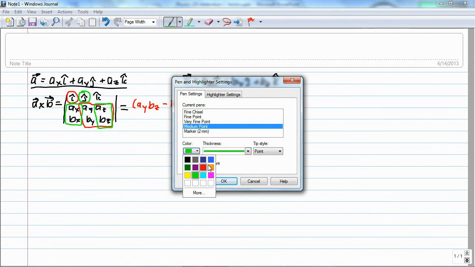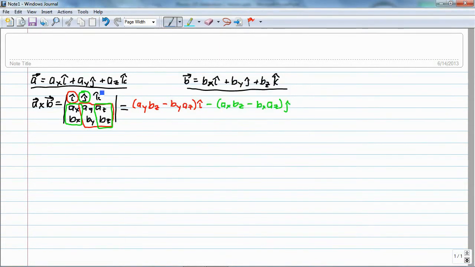And for the next one we deal with k hat. We're going to use the first and second column, second and third rows, and now I'm going to go to a plus, right?